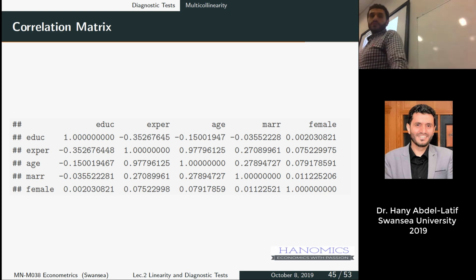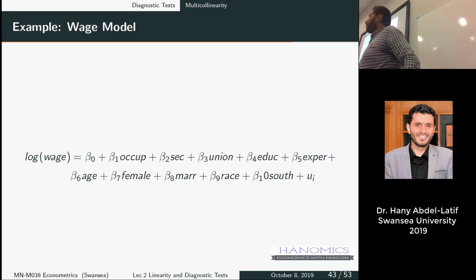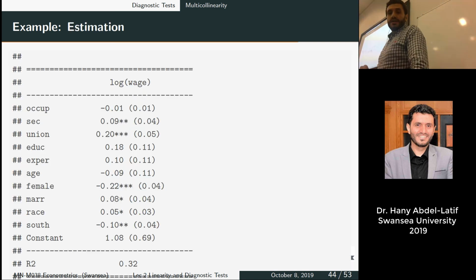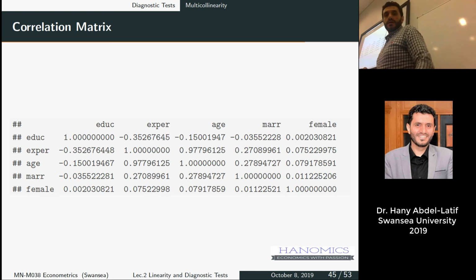Remember, I didn't put all variables, just so I wouldn't have to fit them all in one slide. But I put the most important variables that I suspect there's correlation between. There are about 10 variables here, and I included in this correlation matrix only 5 variables.